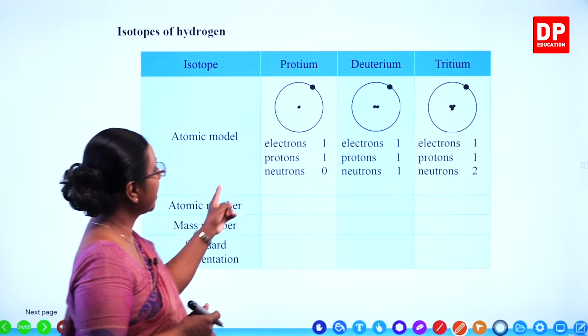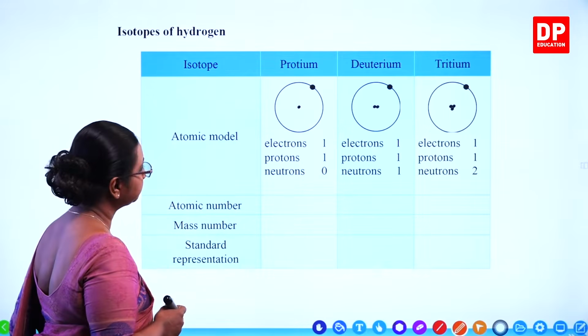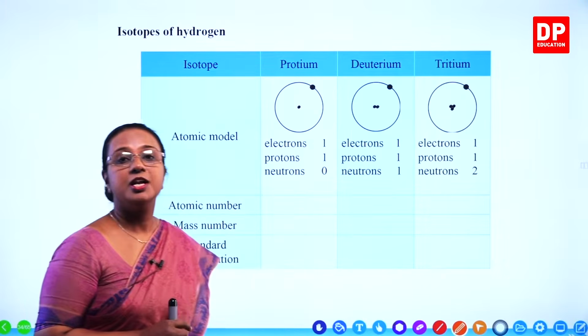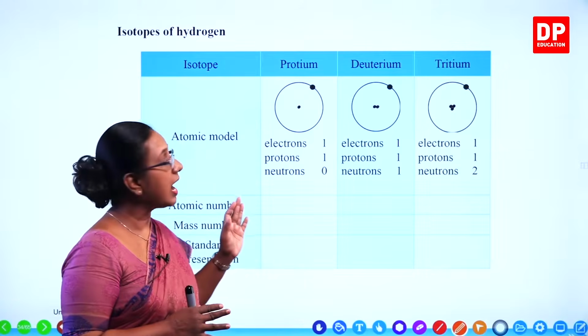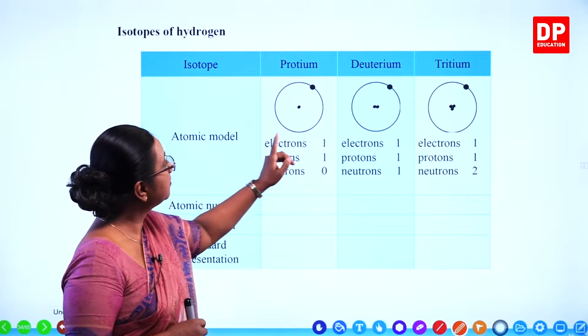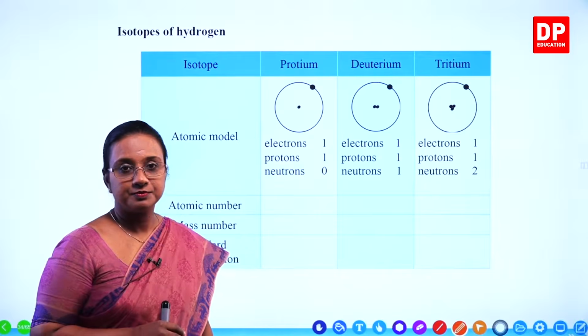But it has 3 different isotopes because it has different numbers of neutrons. And these isotopes are given different names: protium, deuterium and tritium.